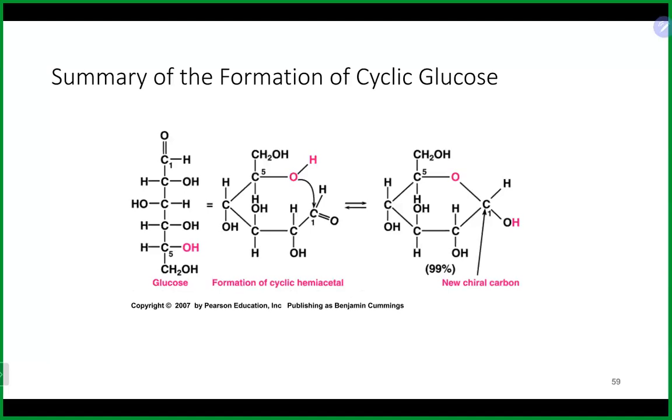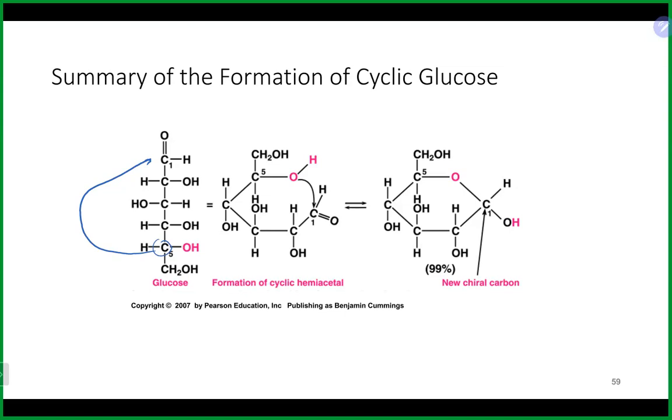Any questions on any of that? Yeah. So glucose will open up and close up, and this shows how the oxygen gets incorporated into the ring. When our carbon number 5 goes and attacks our carbon number 1, we make a cyclic hemiacetal. If you remember, the hemiacetal is our carbon with the hydrogen and our OH group attached to it.